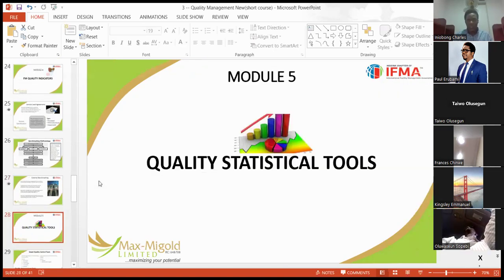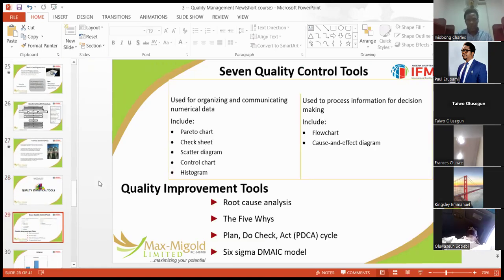Let us look at some quality statistical tools. We have 7 quality control tools. These are tools you can use to make decisions about quality.